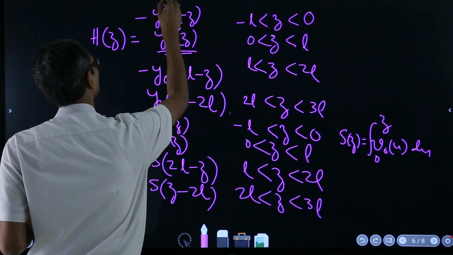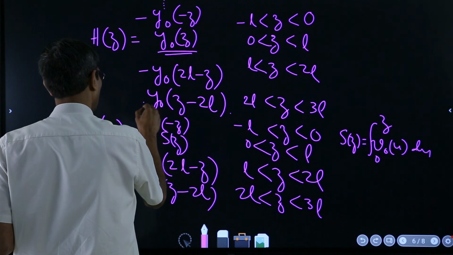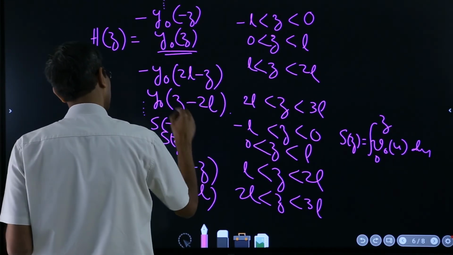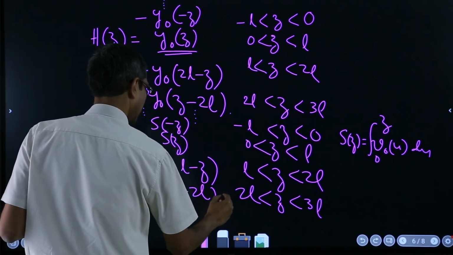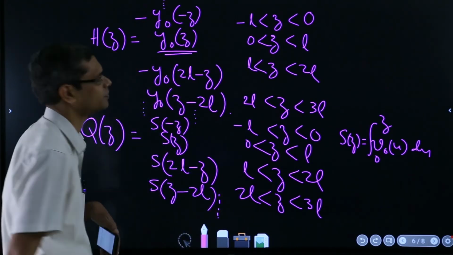This thing just goes on like that and goes on like that. Similarly here it goes on like that.